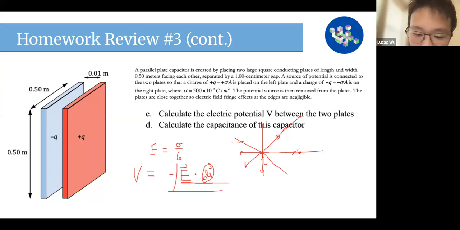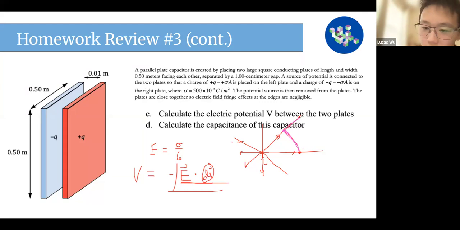So that's why I have the vectors. It's not just a scalar integral. For example, if I choose my path to look like this, let me use a different color. My path is I go from my starting point to there, and then I go from that point over there.